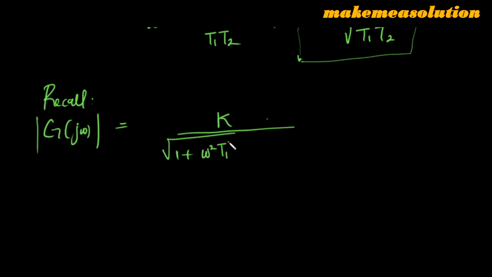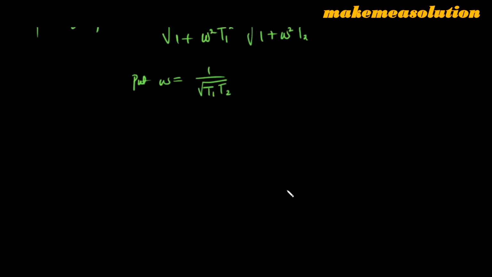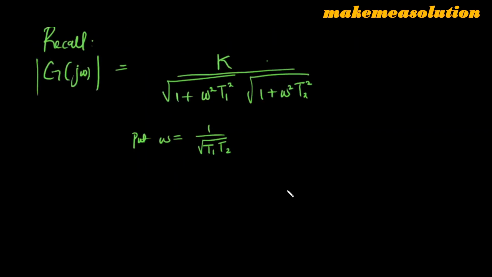Omega squared t1 squared and root 1 plus omega squared t2 squared. So all you just want to do is to substitute, put omega equal to 1 over the square root of t1 t2. Now these calculations are getting big and boring, but trust me, you're only going to do it this once, and that will be all. And I'll show you how to apply it in upcoming calculations. So let's just bear and solve it to the end.